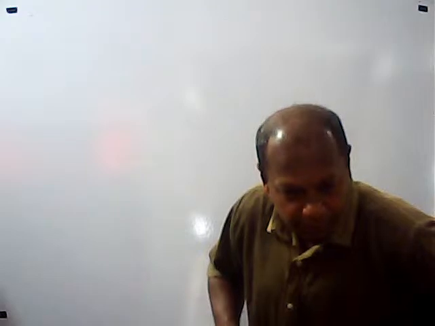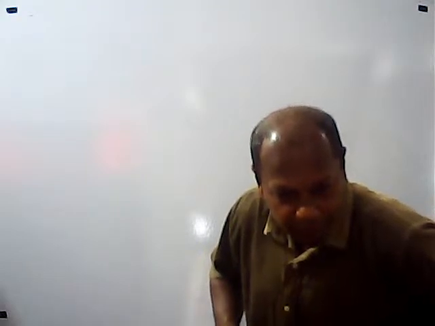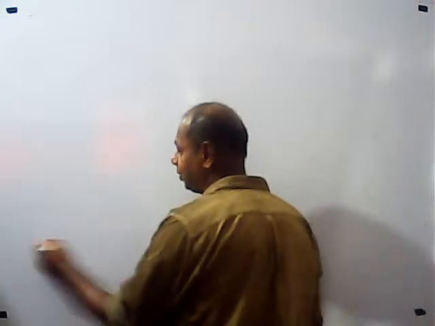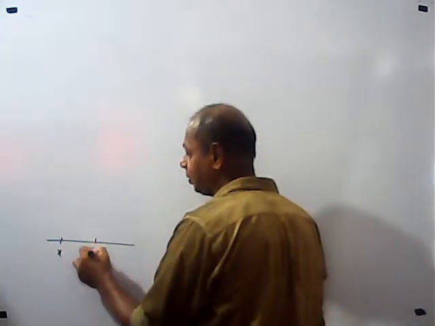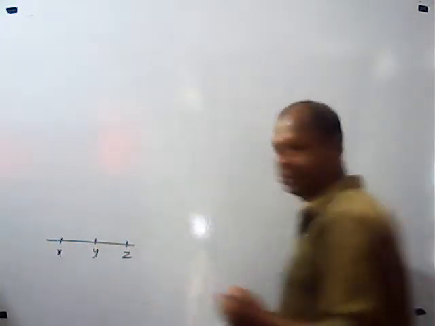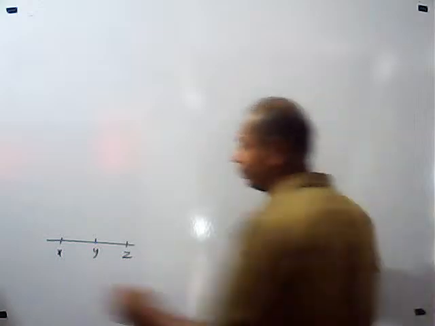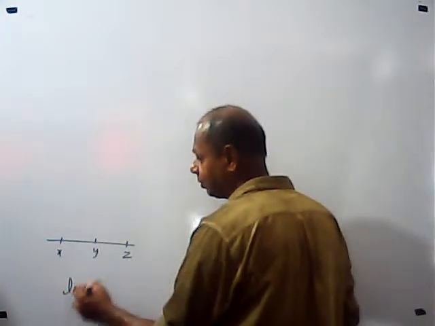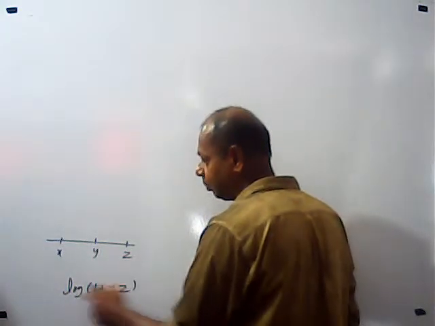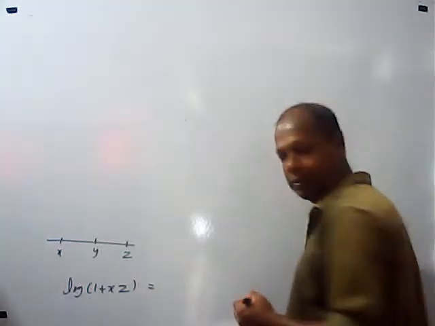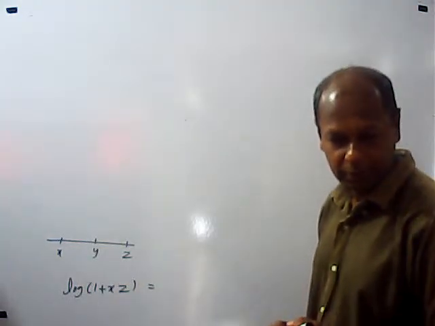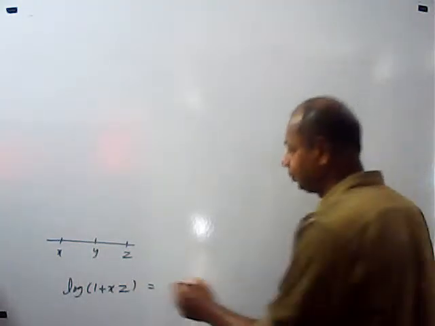You are given that x, y, z are three consecutive positive integers. You are asked to show that log of 1 plus xz equals 2 log y. It can be any base. The base is not mentioned, so it can be anything.